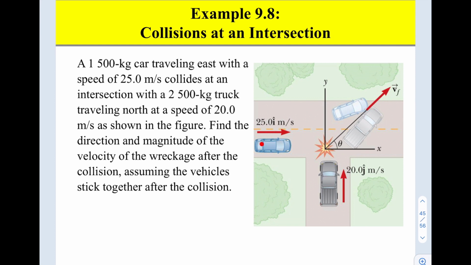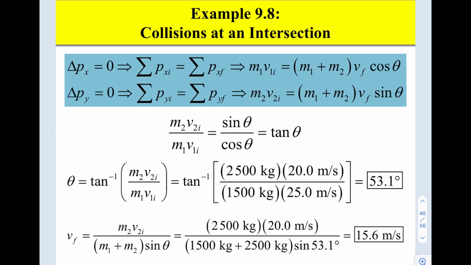So this car has initial velocity in the positive x direction, and this truck has initial velocity in the positive y direction. They are going to collide and then move together with V final at angle theta from the x-axis.